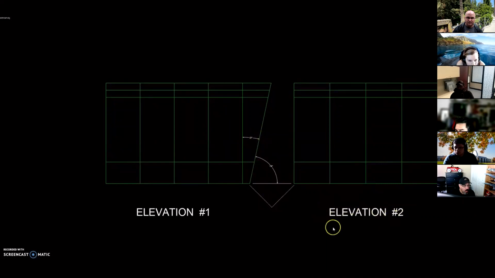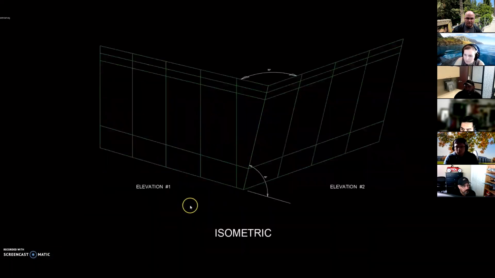Elevation number 2 is at a slope following that tilt at the right side edge of elevation number 1. To better visualize what we have, let's see the following schematic isometric. As clearly as this shows us, elevation number 1, vertical, is joining elevation number 2, slope.